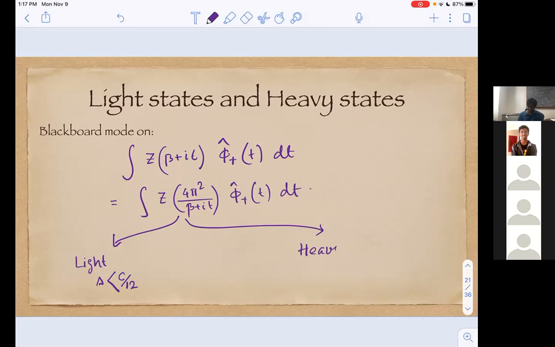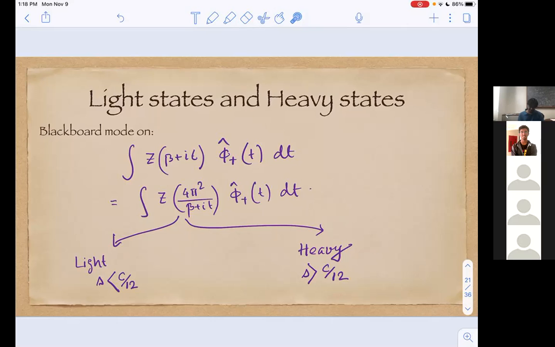And one is heavy, which has the contribution from all the states with delta greater than c over 12. I am keeping the full tail in the heavy contribution, and the light part only comes from here. Then we will evaluate this integral for the light part and the heavy part separately.